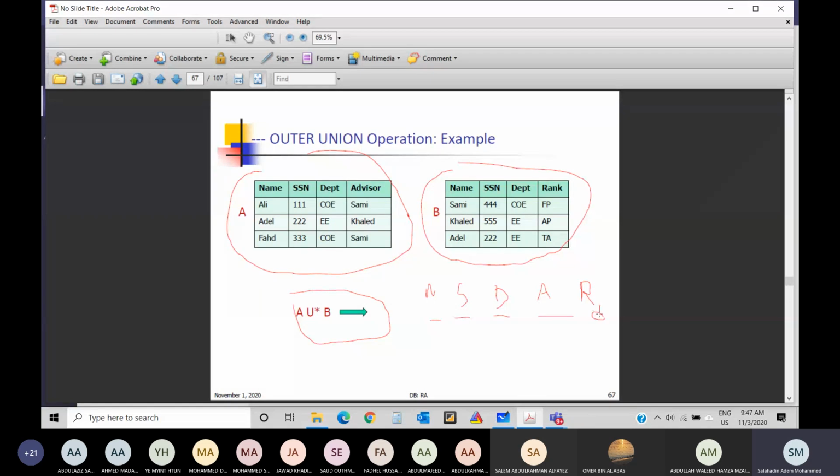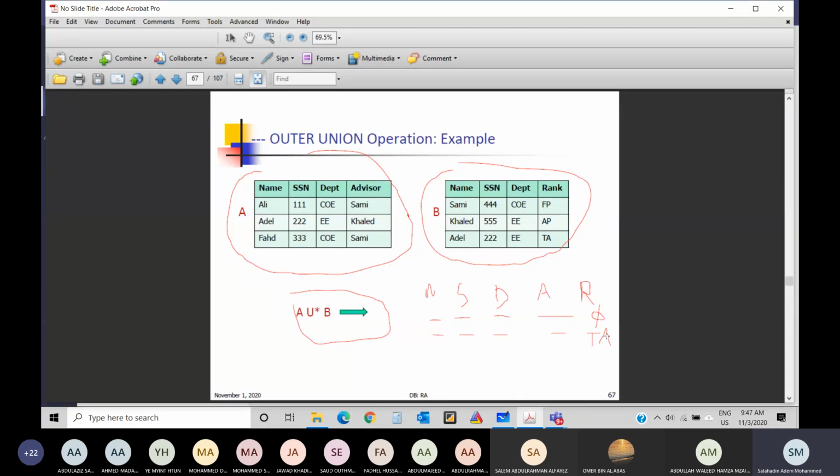Are you with me, guys? Ali doesn't have any. What about Adil? Write Adil 222 EE. His advisor is Khalid, right? Now, do I have Adil here? Yes, and his rank is TA. So no blank.